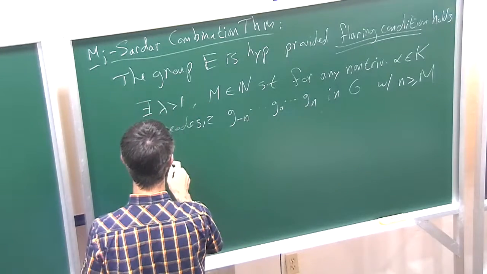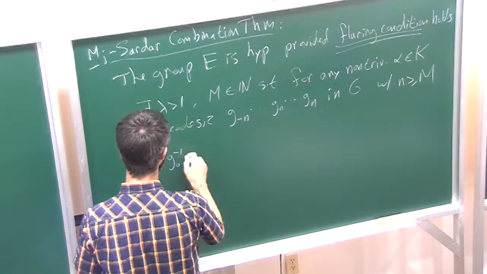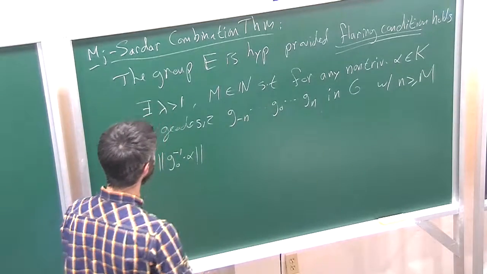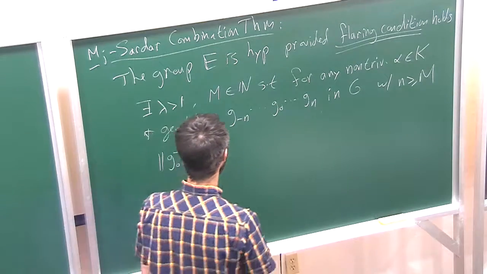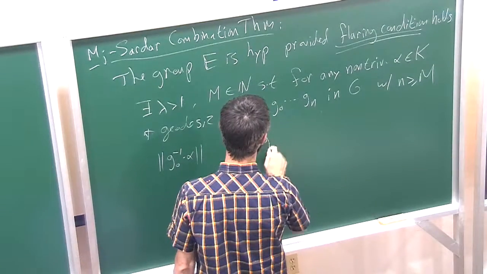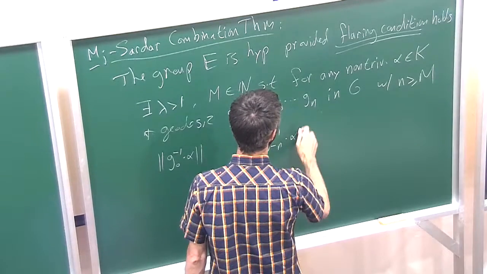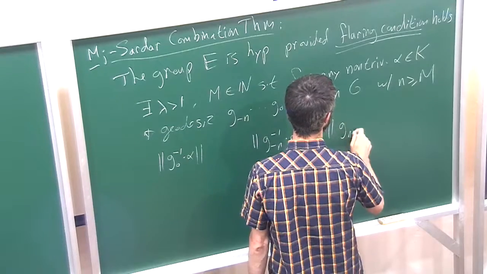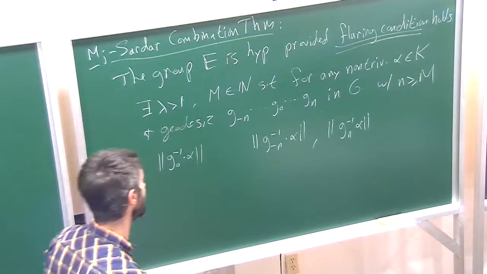So I could look at in particular g0, and I think I want to use inverses for whatever reason. I could look at the length of the conjugacy class when I apply g0 to alpha, or the length when I apply the first element of the geodesic to alpha, or the length when I apply the last one to alpha, using this action on the set of conjugacy classes.